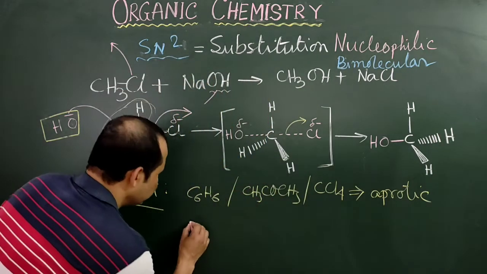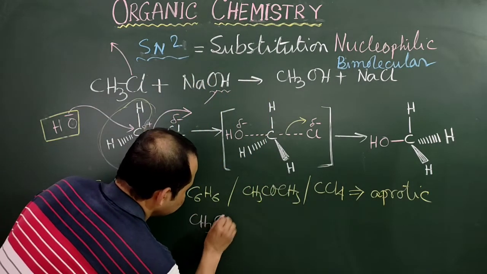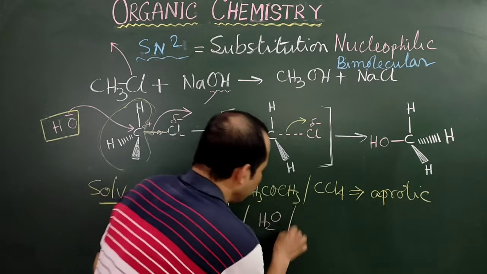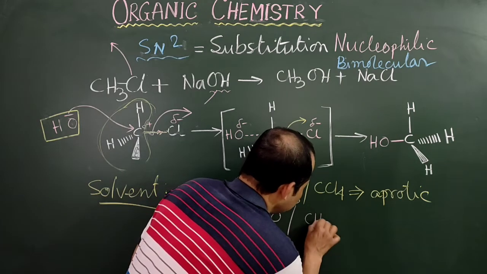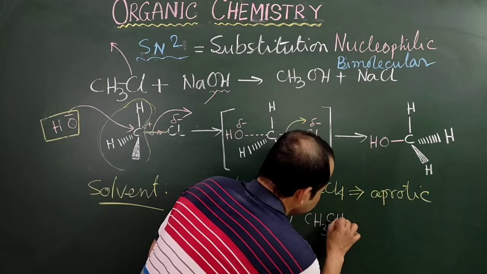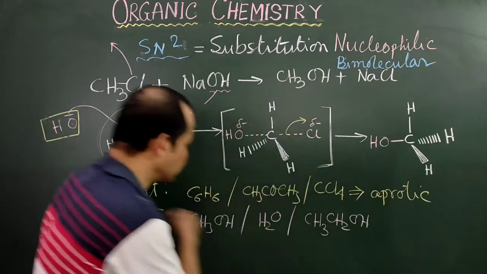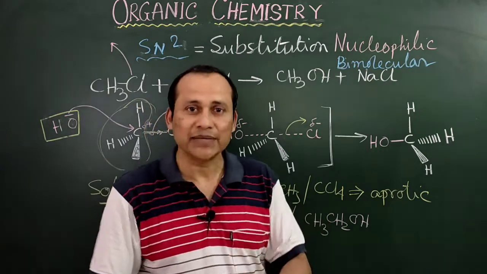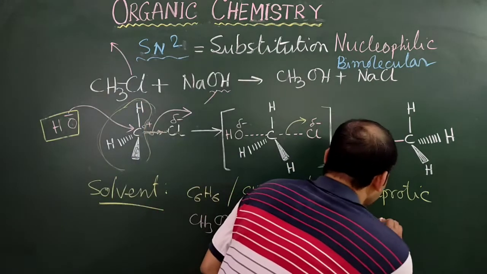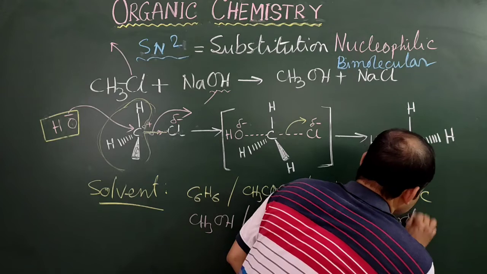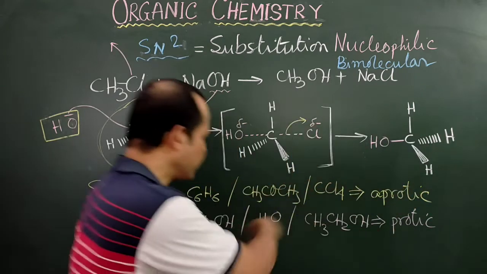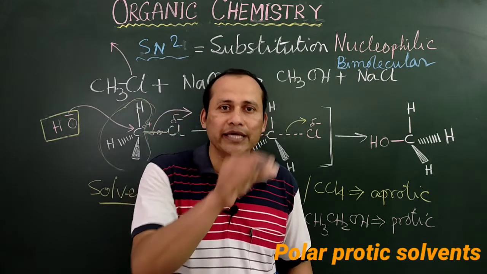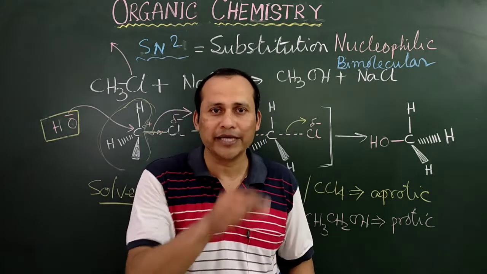So let us consider this substance: CH3OH or water H2O or ethanol CH3CH2OH. All these substances can produce proton and also can accept proton, so they are called protic. Also they are polar, so these substances are called polar protic solvents.